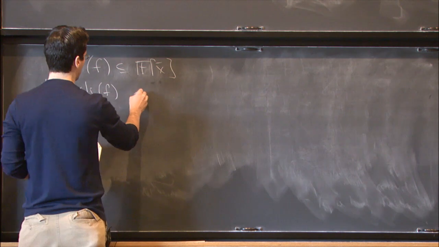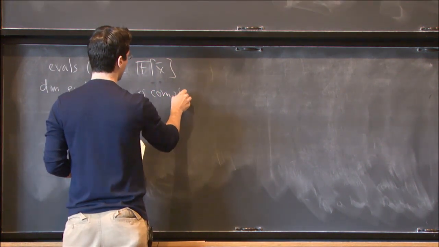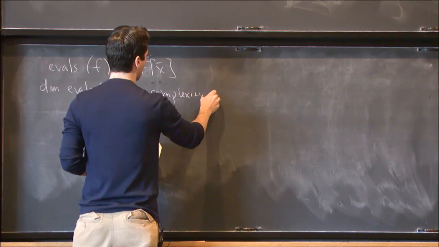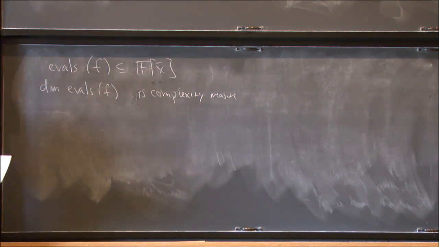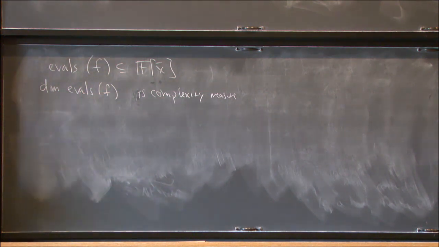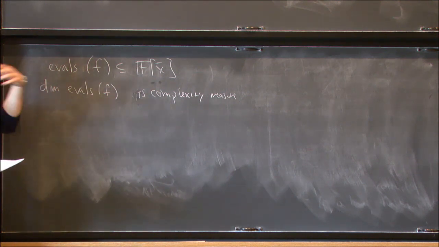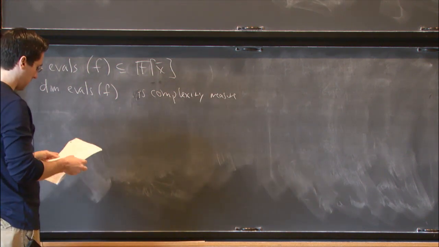This will be our complexity measure. So the whole point is that when we have f to be simple, say simple arising from this baby case computation, we want this dimension to be small. And then our target polynomial should have large dimension. Right?